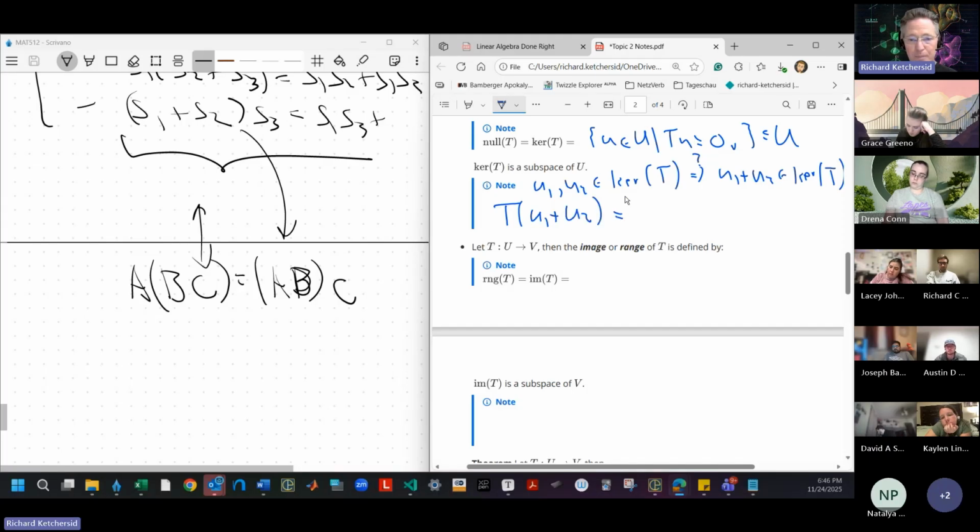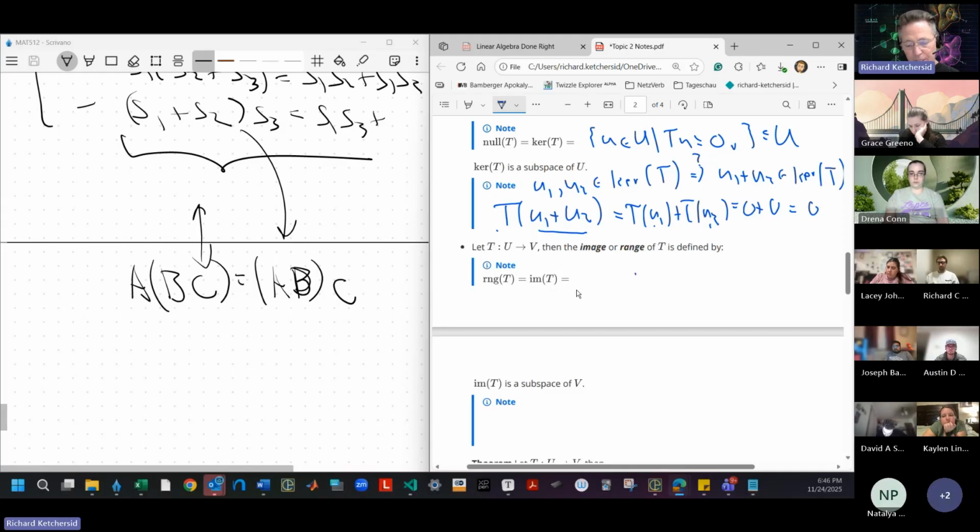But T is linear, so T of u1 plus u2 is T of u1 plus T of u2. And this is in the kernel and that's in the kernel, right? So this is 0 plus 0, so that's 0, right? Okay, so u1 plus u2 is also in the kernel. Same kind of argument shows closure under scalar multiplication, right? Okay, so the null space or kernel is a subspace.